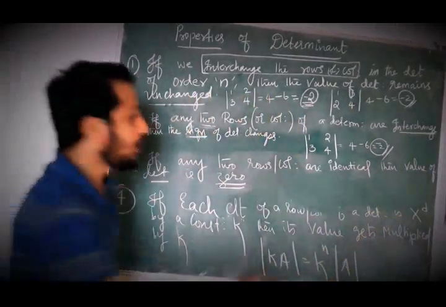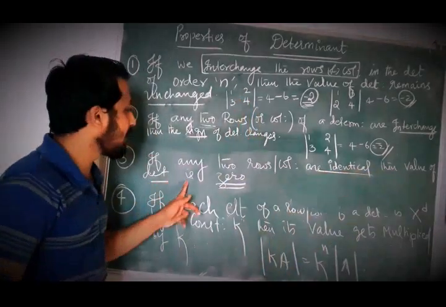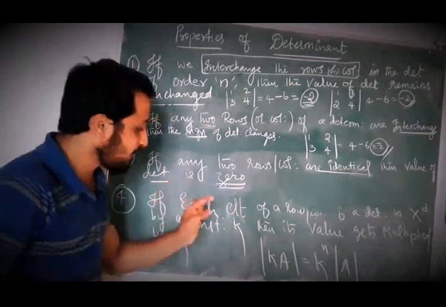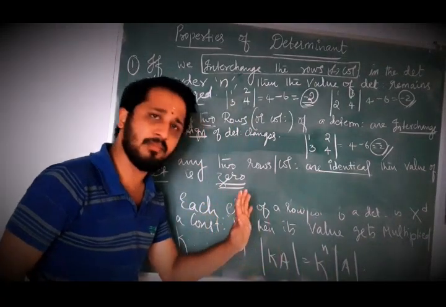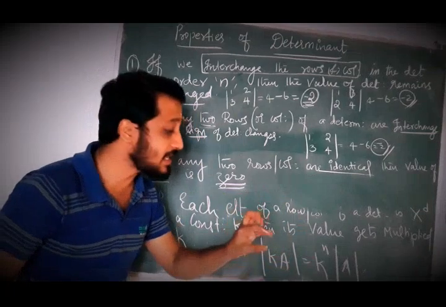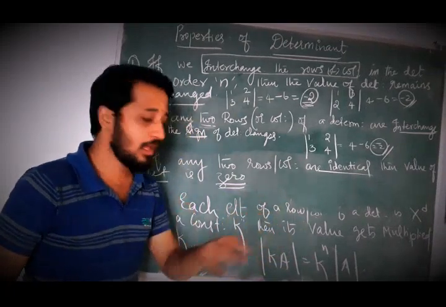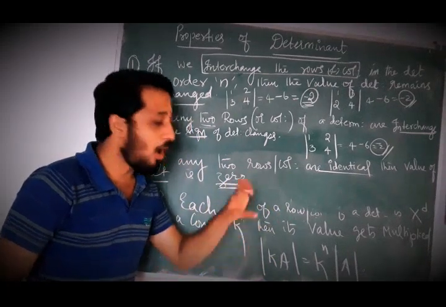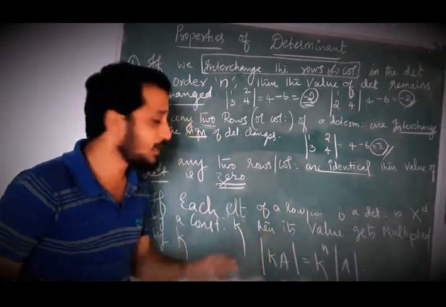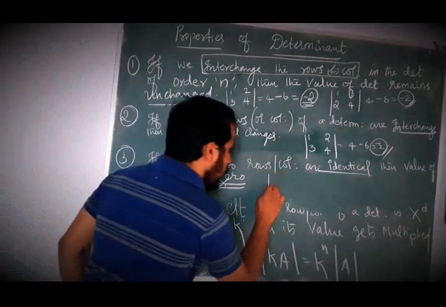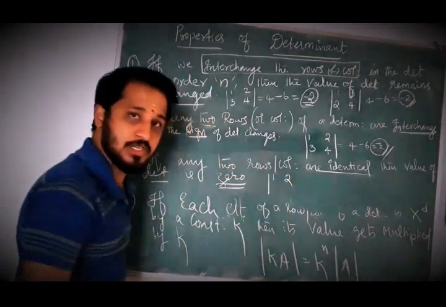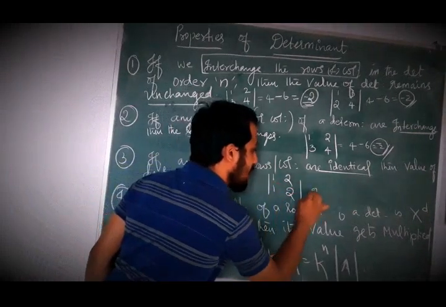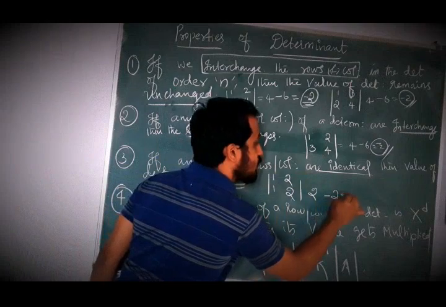Now the third property: if any 2 rows or columns are identical, then the value of the determinant is 0. That means if 2 rows are the same or 2 columns are the same, having the same elements, then the determinant value is 0. For example, the first row is 1, 2 and the second row is also 1, 2: 2 minus 2 is 0.